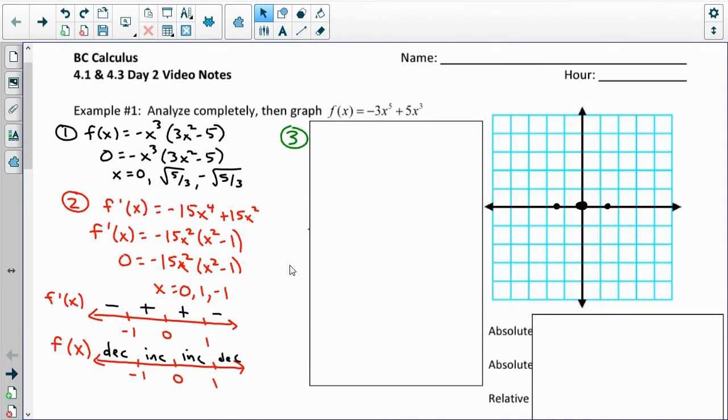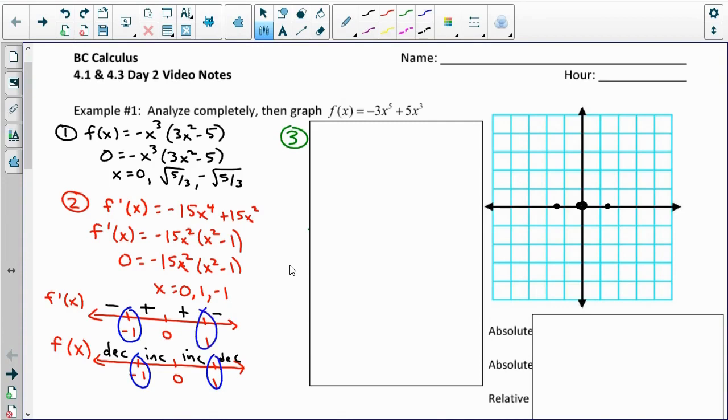And so let's take a look at what that would look like graphically. We're going to have what appears to be a local minimum at x equals -1, because we're going from decreasing to increasing, and a local maximum at x equals 1, because we're going from increasing to decreasing.